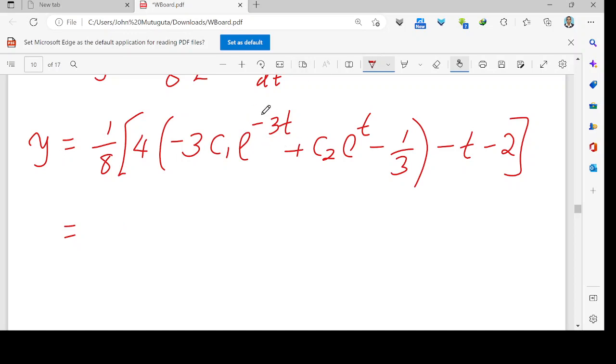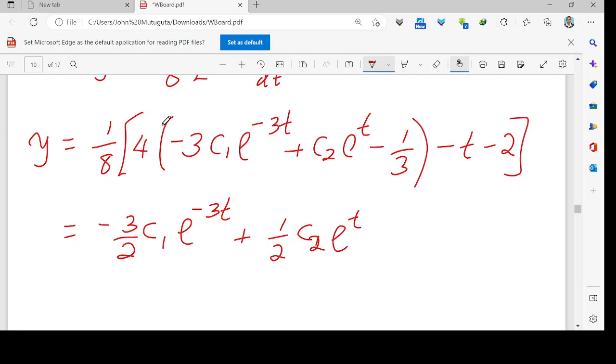We get minus 3 over 2 c1 e raised to power negative 3t. Then the next term becomes a half c2 e raised to power t.